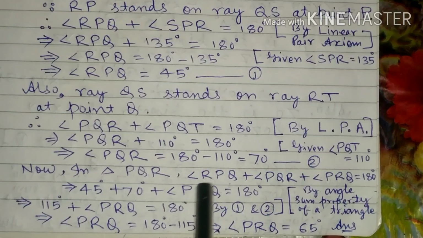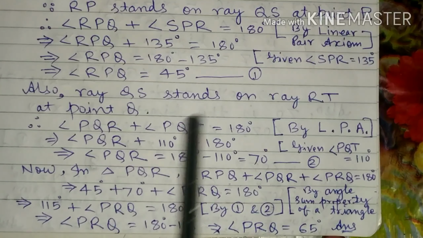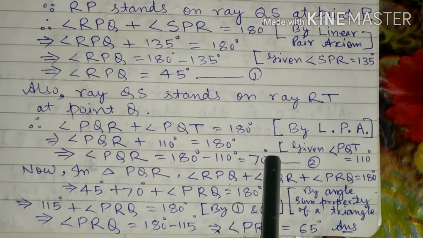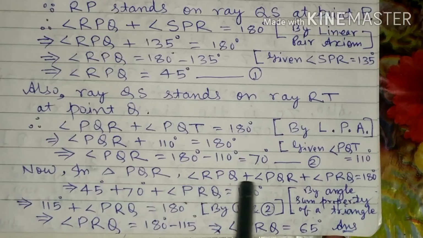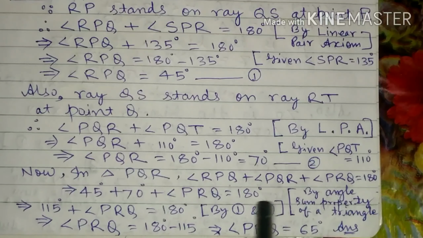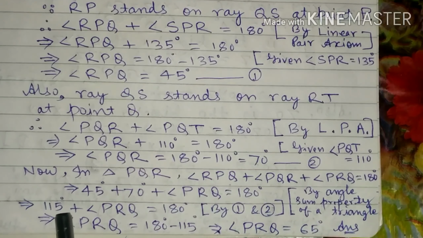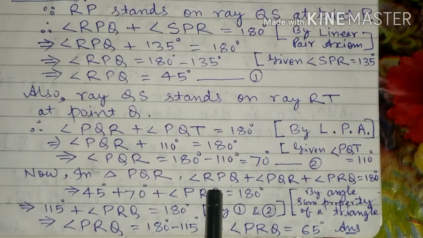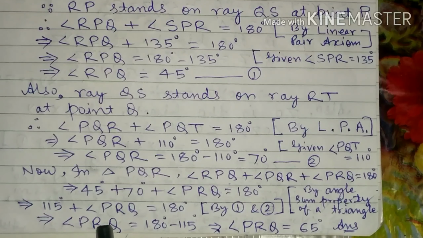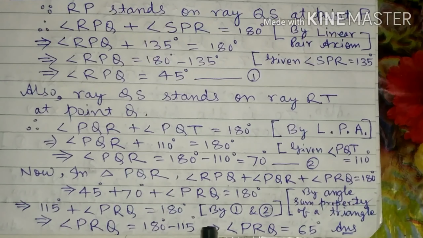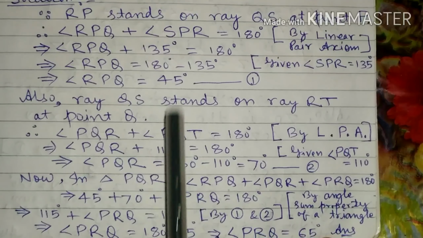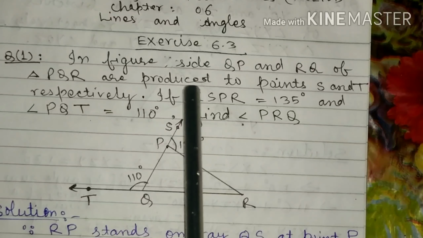We put angle RPQ is equal to 45 degrees from equation 1 and PQR 70 degrees from equation 2, and we write angle PRQ the same, 180 degrees the same. The sum is 115 degrees. Therefore, angle PRQ is equal to 180 degrees minus 115 degrees. That is, angle PRQ is equal to 65 degrees. This is the answer of this question.